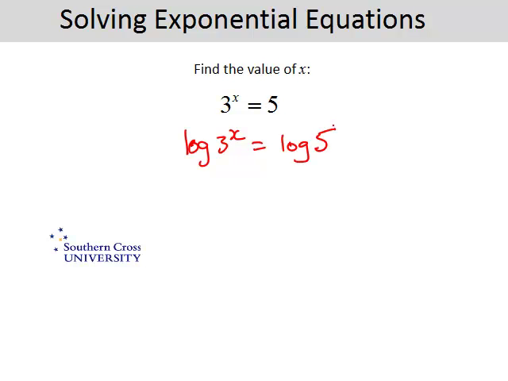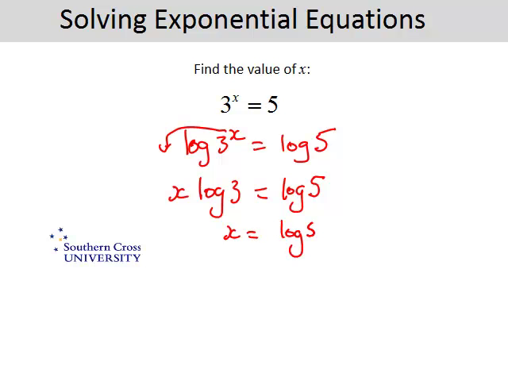And once we've got it into logs, then we can use one of the log laws, which you may need to just take for granted at this stage, the log law that says that the exponent part x here can come down in front and multiply. So we've got x times the log of 3 is equal to the log of 5. So that means that x is the log of 5 divided by the log of 3.